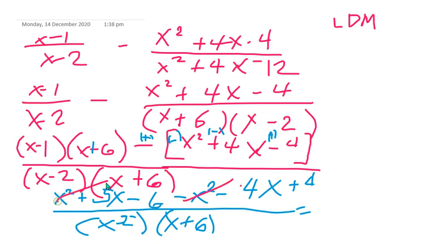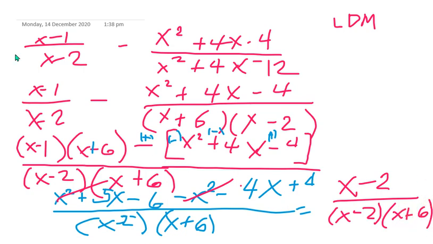This is now 1, this is 0. We have 5x minus 4x is equal to x. Negative 6 plus 4 is negative 2. Then, copy x minus 2, x plus 6.